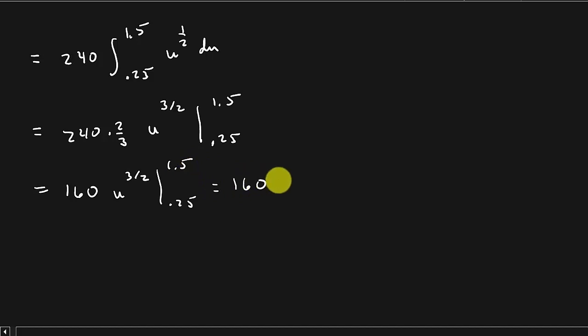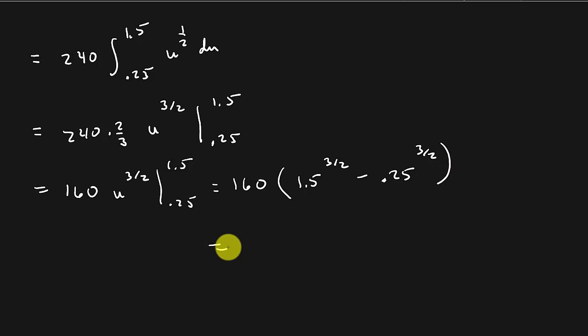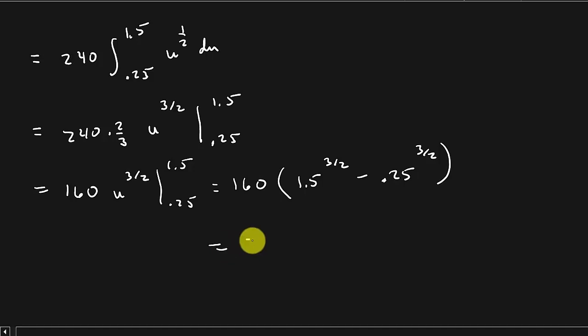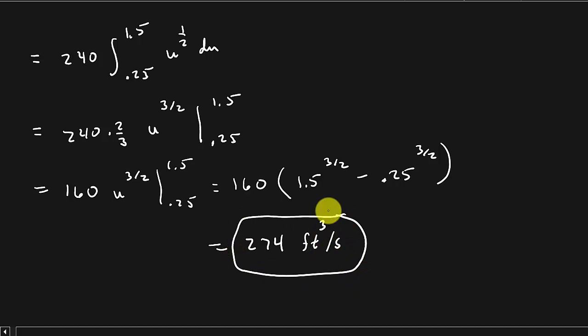So that's going to be 160 times 1.5 to the 3 halves minus 0.25 to the 3 halves. And what do we get when we punch that into our calculator? We get about 274 cubic feet per second.